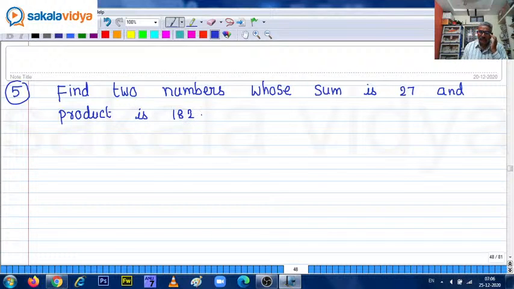So we are asked to find out the two numbers whose sum is 27 and whose product is 182.